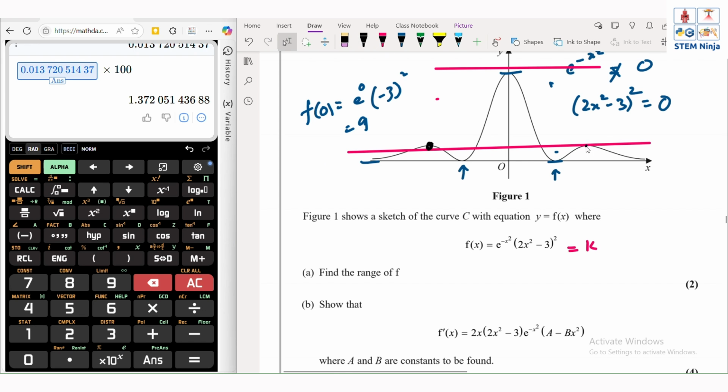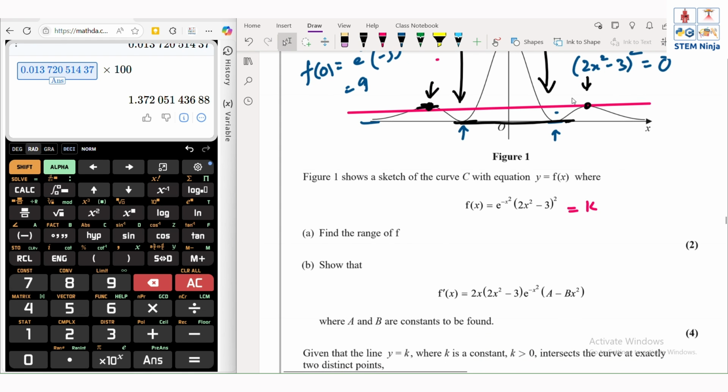In between these 2 points, you have 2 distinct points along with this line. So k equal to 0 will also be selected, but we need to find the y coordinates of these maximum points. One we already know, it's 9, but we need to find this.